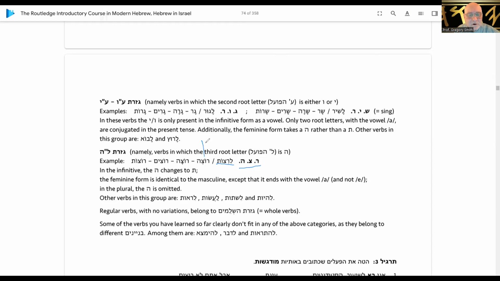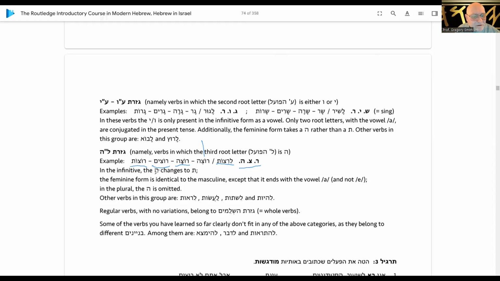Now here's ani rotse, I want. How about if we were to say at rotsa, you want, feminine singular. Anachnu rotzim, we want. And how about this one? Aten rotzot, you all, strictly feminine plural, want.